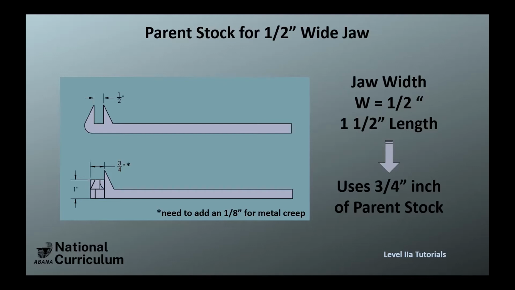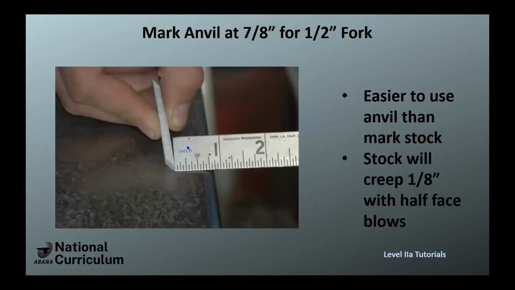I guess we're doing the near side, so it'll actually start climbing towards us. So we start with something and we want to end up with 3/4. If we start 1/8 inch bigger at 7/8, then as that stock creeps back, by the time we're done, we'll end with that 3/4 that we're looking for. So we're going to add an 1/8 inch to that.